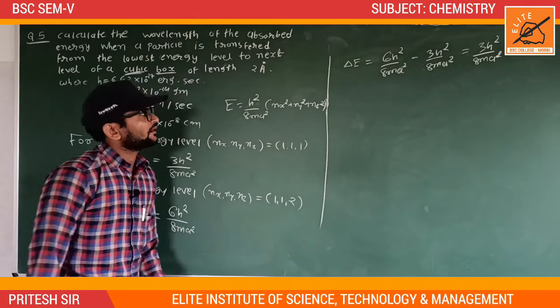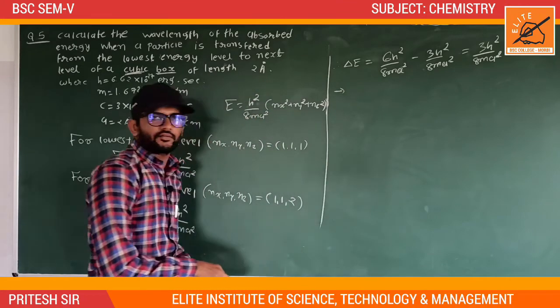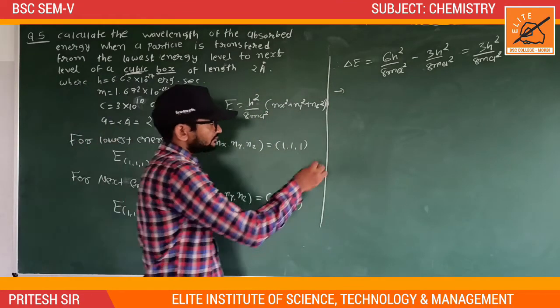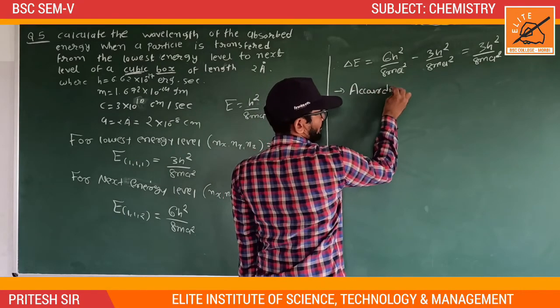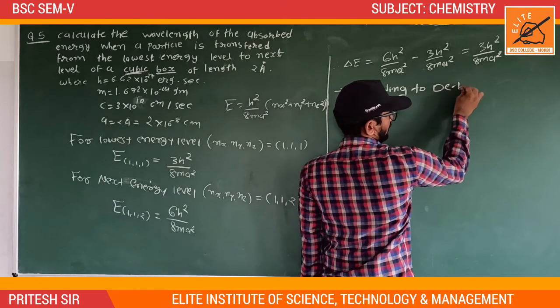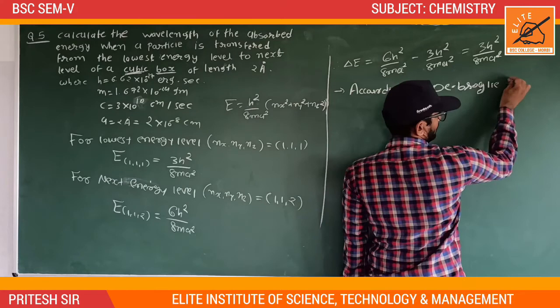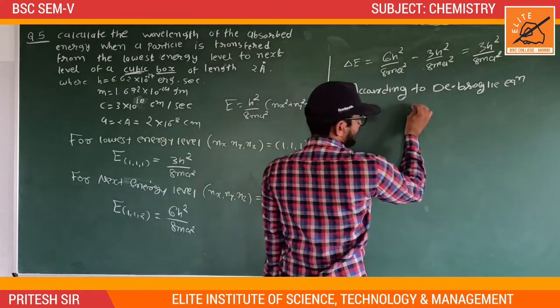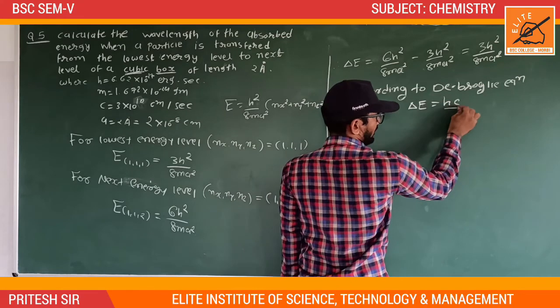From the de Broglie equation, according to the de Broglie equation, the value of delta E is equal to hc upon lambda.